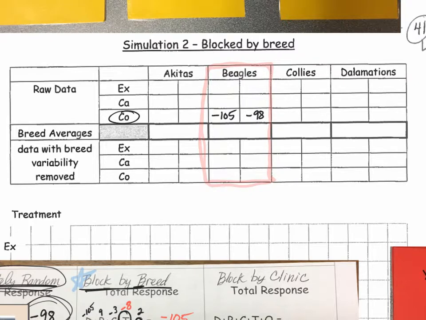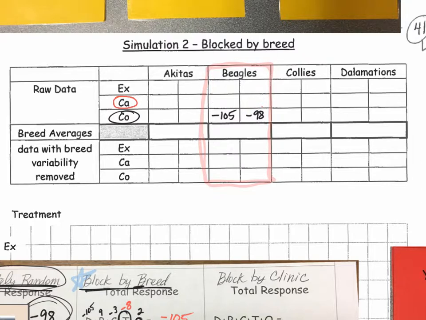Then I asked my people in my group who had the calcium treatment, and there were 2 of them, and their numbers were -113 and -101. And then, you know what, let me switch those.